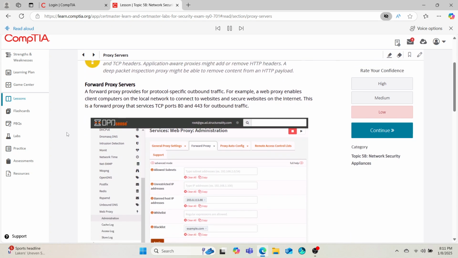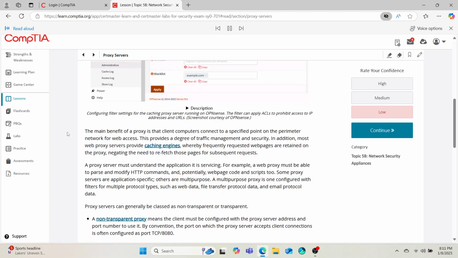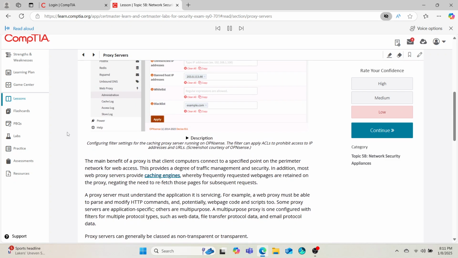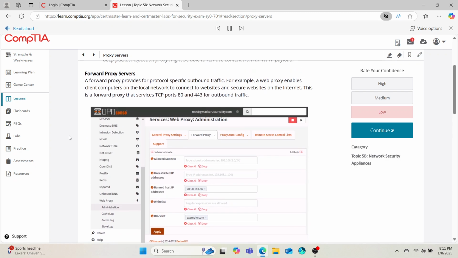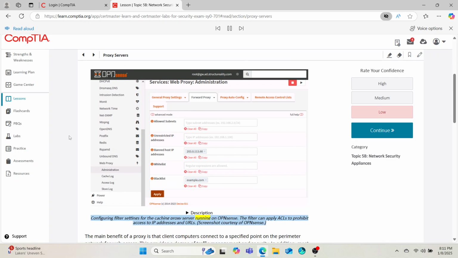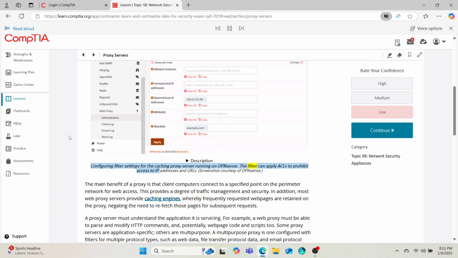The box for banned host IP address reads 203.0.113.66, and that for blacklist reads example.com. A clear all and copy option is given below each box. An apply button is at the bottom left. Configuring filter settings for the caching proxy server running on OpenSense. The filter can apply ACLs to prohibit access to IP addresses and URLs.